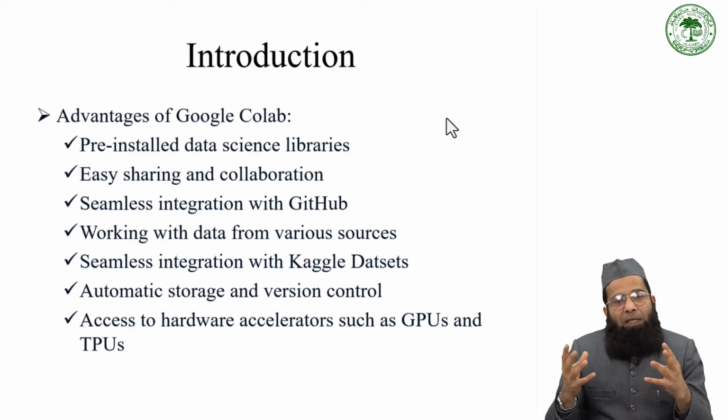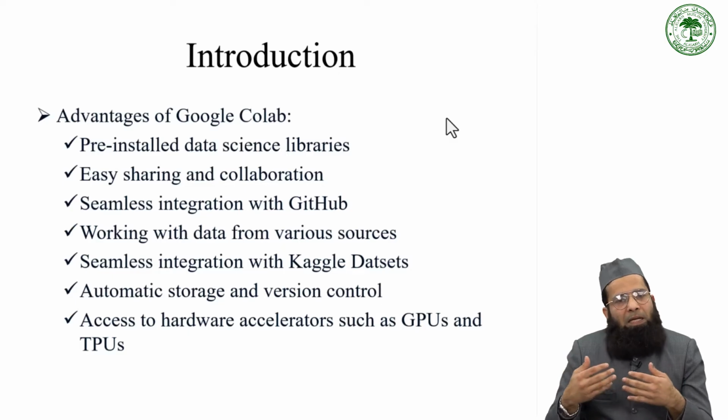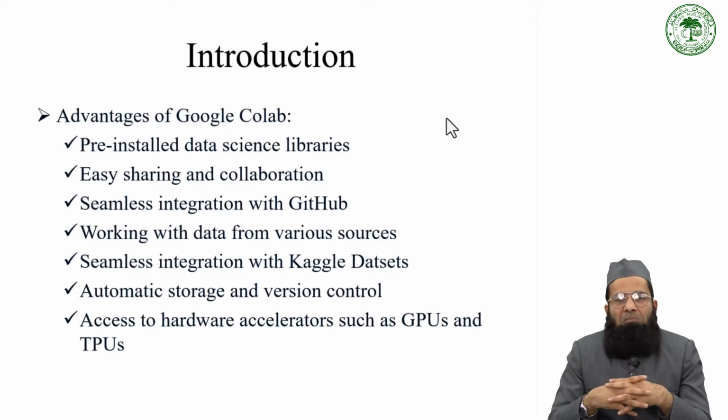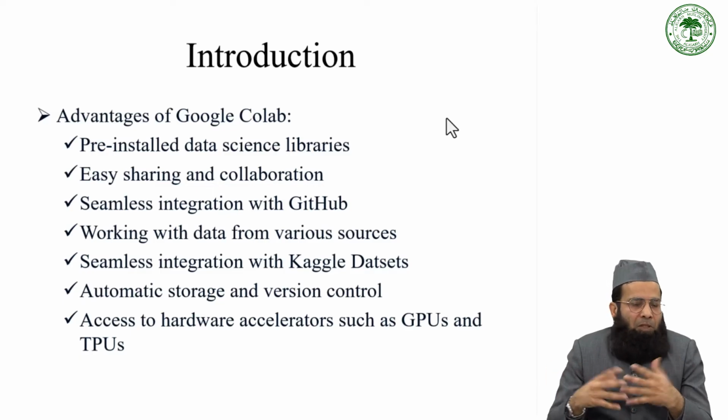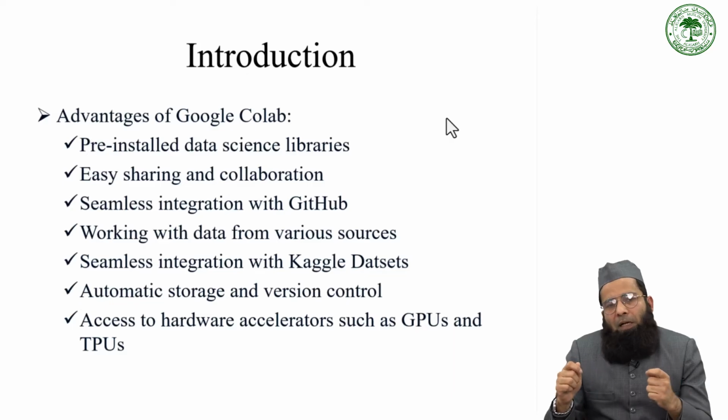So what are the advantages of Google Colab? Pre-installed data science libraries, as I told you, all the data science libraries, you name it, whether it is NumPy, Pandas, Scikit-learn, Matplotlib, or Seaborn, are all pre-installed. Then, easy sharing and collaboration.